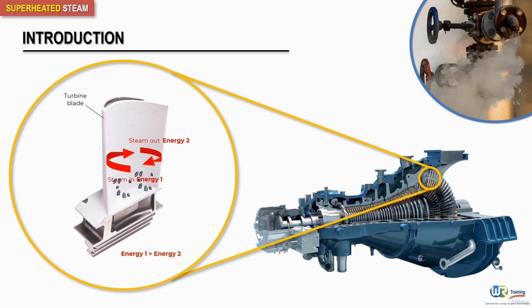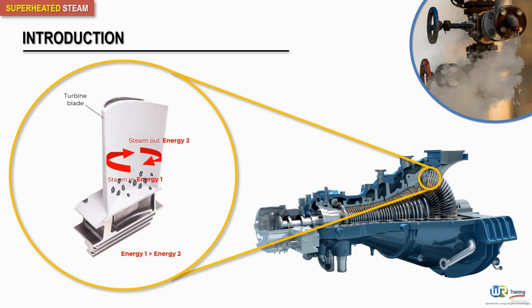Now, as turbines have a number of stages, the exhaust steam from the first rotor will be directed to a second rotor on the same shaft. This means that saturated steam would get wetter and wetter as it went through the successive stages.